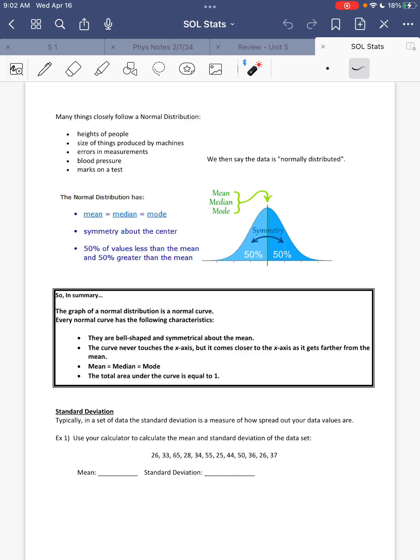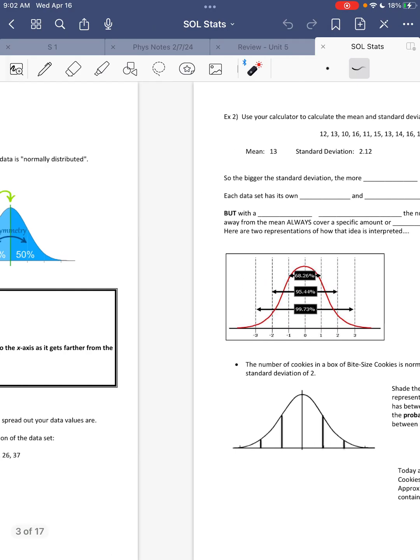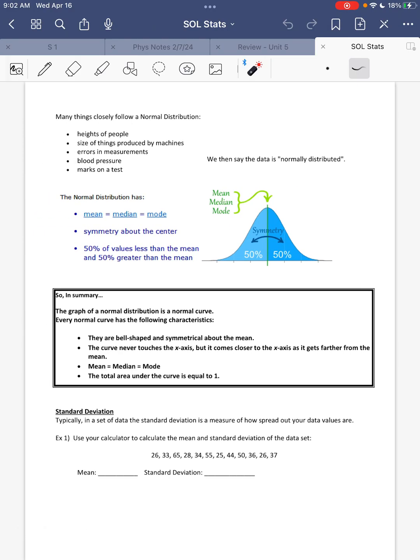Okay, so first we're going to talk about something. Let's see. I was going to do this, but I think I'm going to skip over it. But when you have some data, so I have this data right here, and if I found the mean, I was going to put it on the calculator, but I don't think I have my calculator on here.